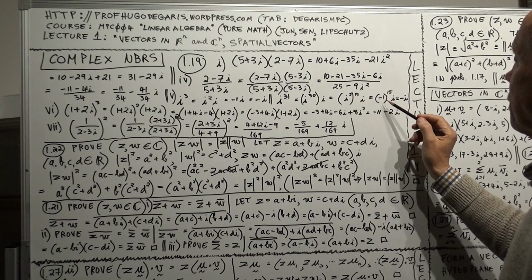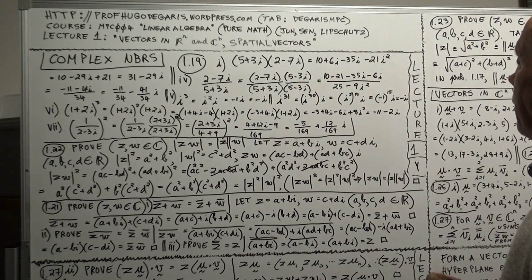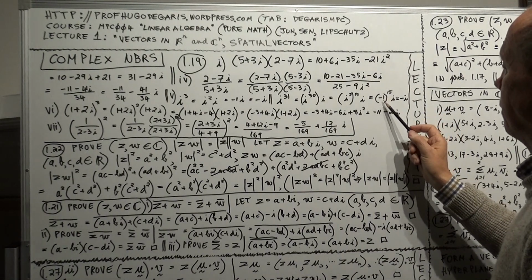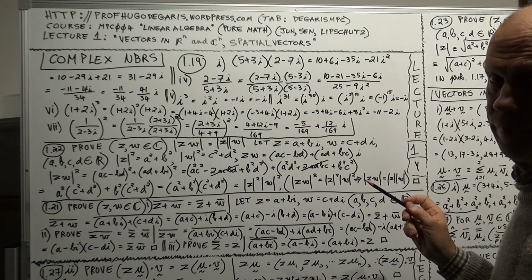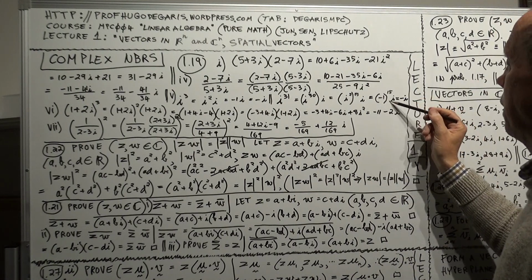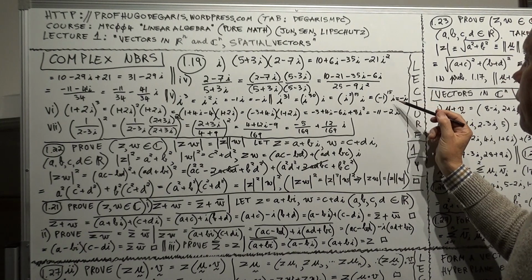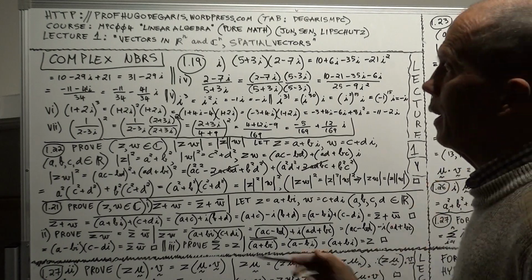So i squared, that's minus 1 to the power 15, and if this were an even number, I'd get 1. But it's an odd number, so I'll get minus 1. So this here is minus 1. So minus 1 times i is just minus i. So there's your answer, minus i.